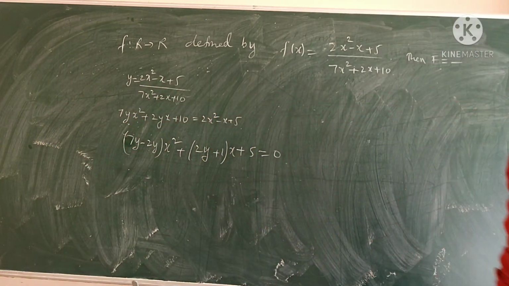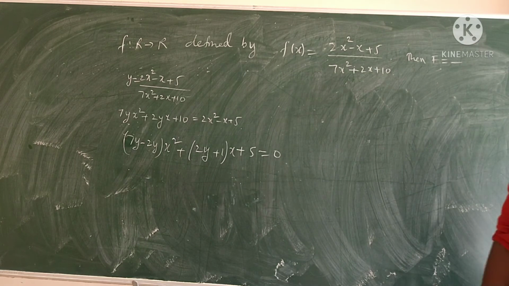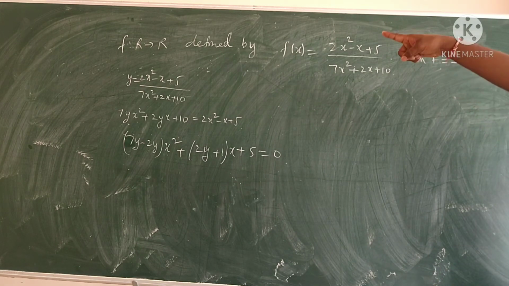Right? Now what do I have to do? Listen here. Now I got a quadratic in x. What is x here? It is the domain, which is real. When x is real, what do I have to apply?